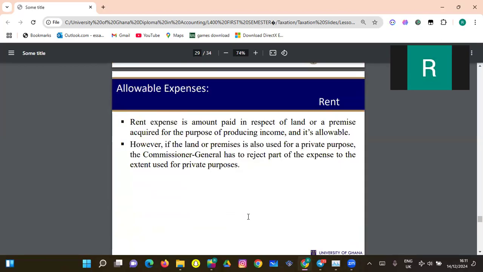So we also have rent. Rent is an amount paid in respect of land or a premise acquired for the purpose of producing income, and it is allowable.